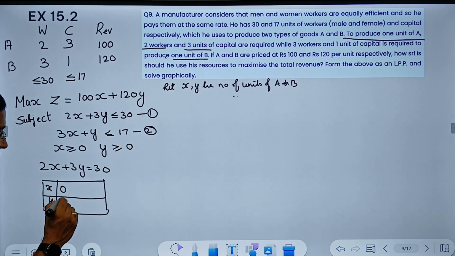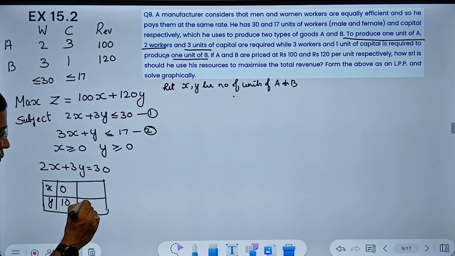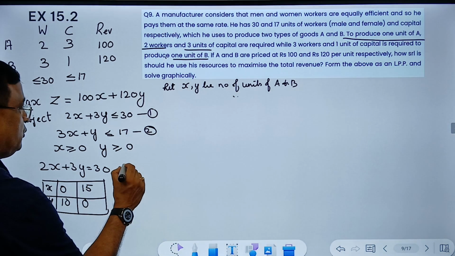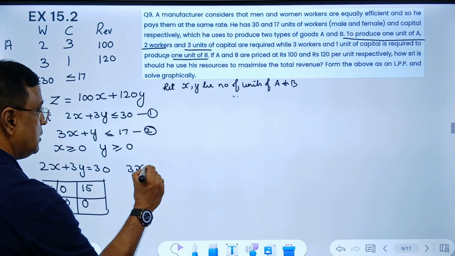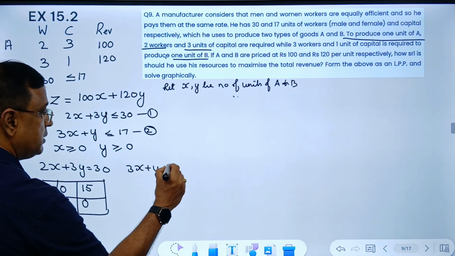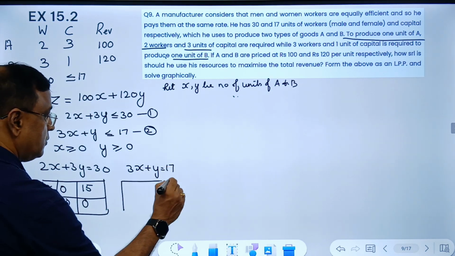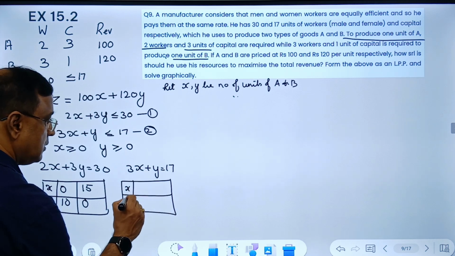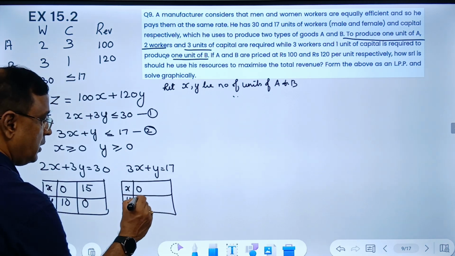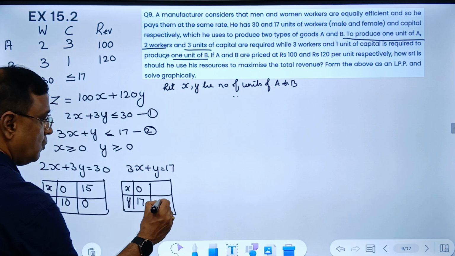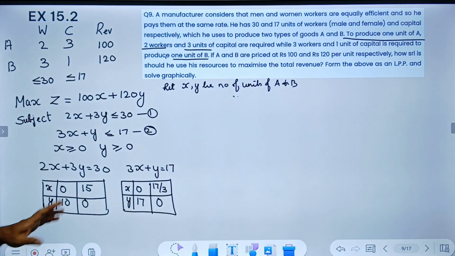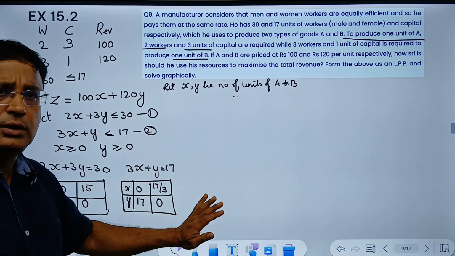X is 0, y is 10, y is 0, x is 15, and then you have 3x plus y equal to 17. So you get x is 0, y is 17, y is 0, x is 17 by 3. I think all done.